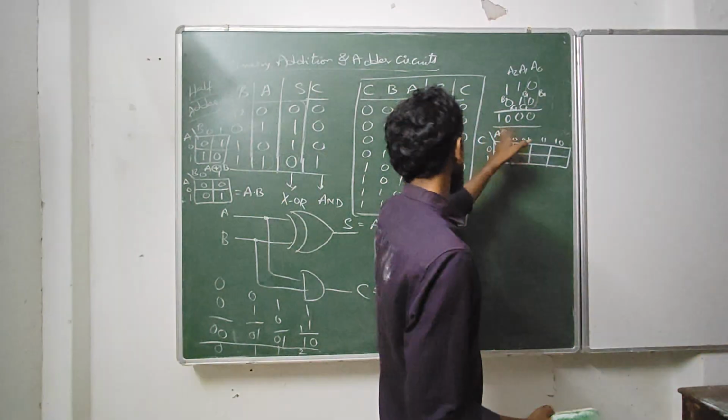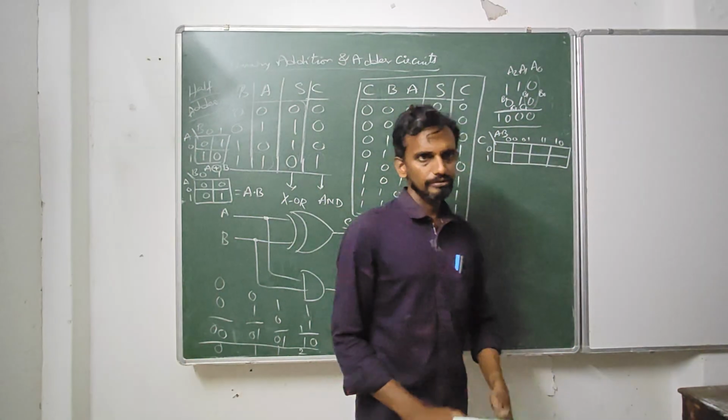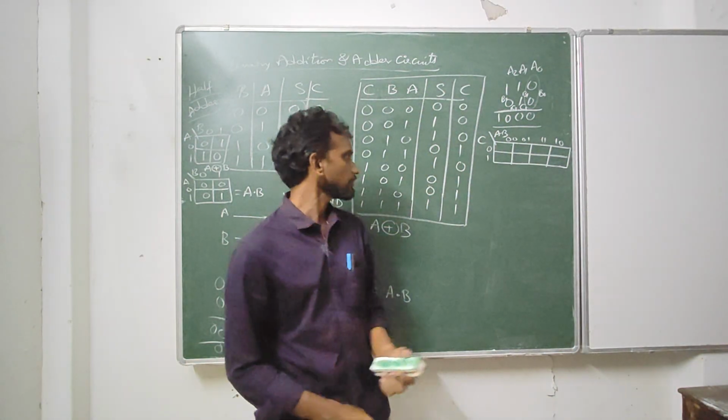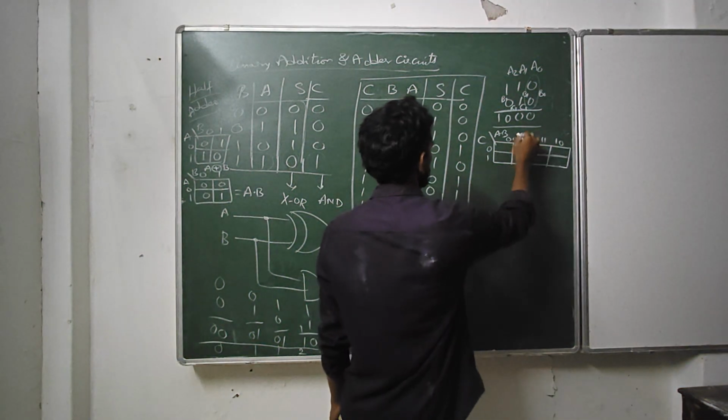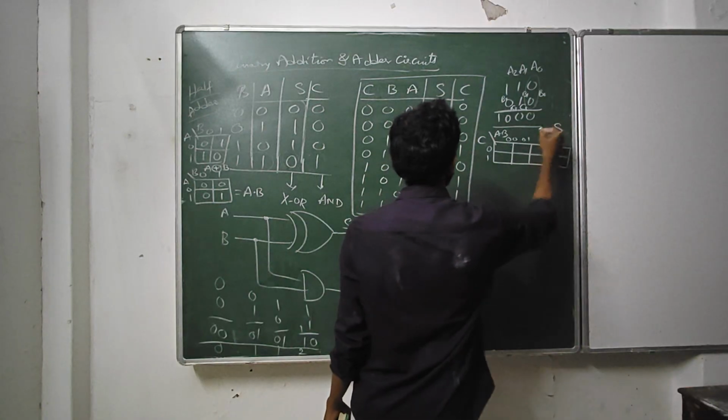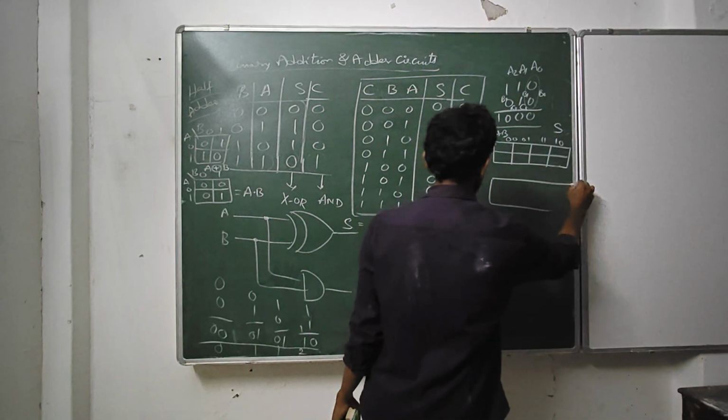You can take A here and BC here, whatever way is okay. Only thing is you have to carefully fill the table. So this is for sum, and this table is for carry.